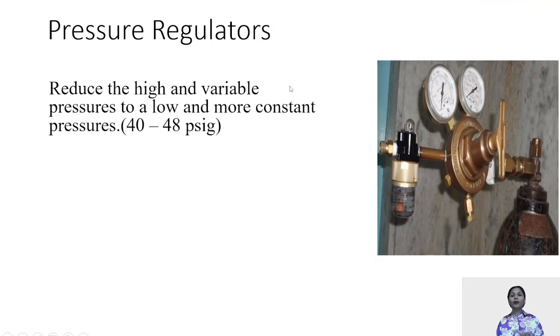Lastly, we come to the pressure regulators. The pressure regulators are meant to decrease the high pressures to your intermediate pressure so that you can have a more constant and a low flow of your anesthesia gases. The concept of these pressure regulators is that pressure and area are inversely proportional to each other.